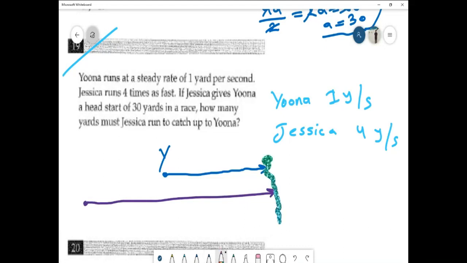Head start means Yuna starts 30 yards ahead of Jessica, right? Let's say this is Yuna, starting from here and going in this direction, and Jessica is starting from here and going in this direction.